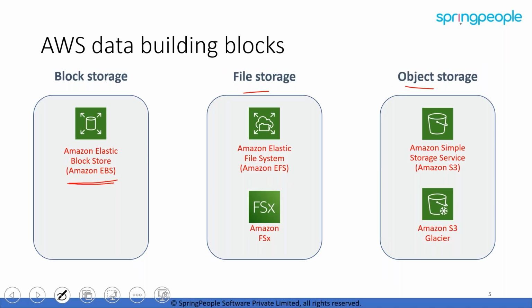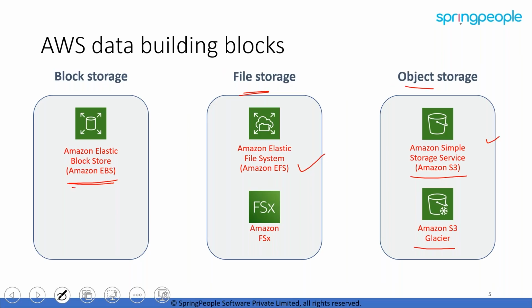Although we are not going into detail, for file storage we have two options: Elastic File System, known as EFS for short, and FSx, which stands for file system extended. In the object storage category, we again have two options. One is very popular, known as Simple Storage Service, Amazon S3, and Amazon S3 Glacier, which is used for archival storage.